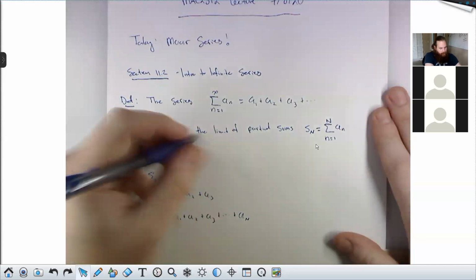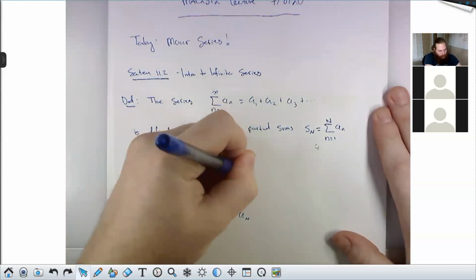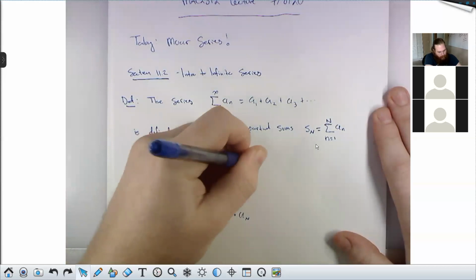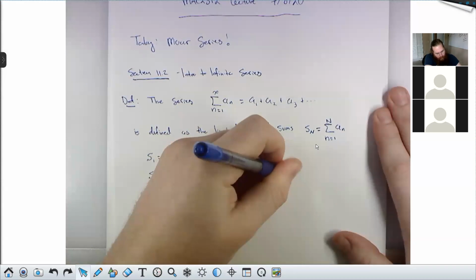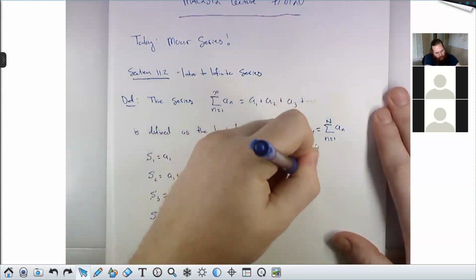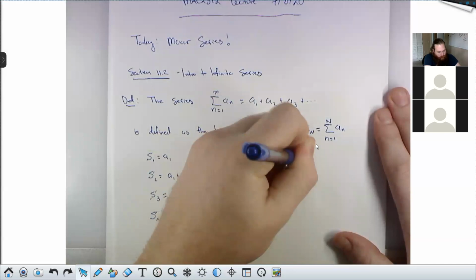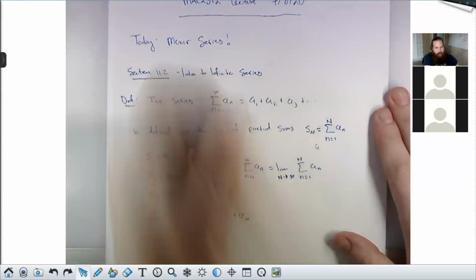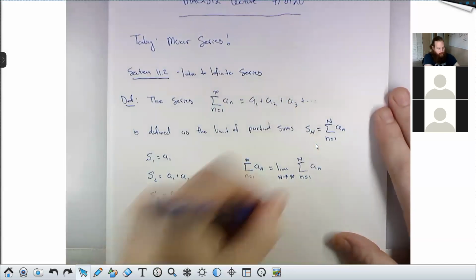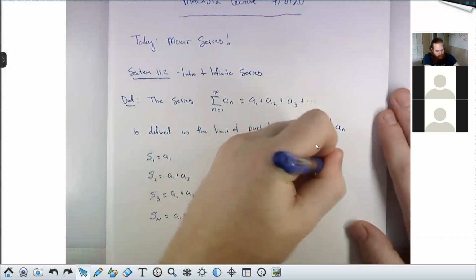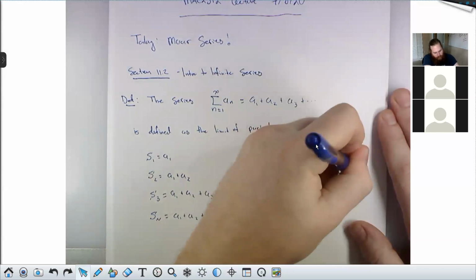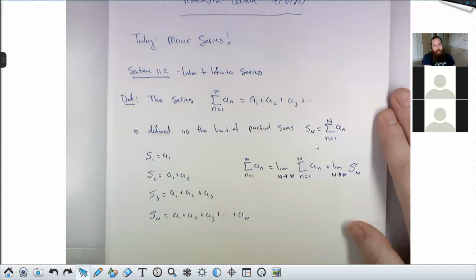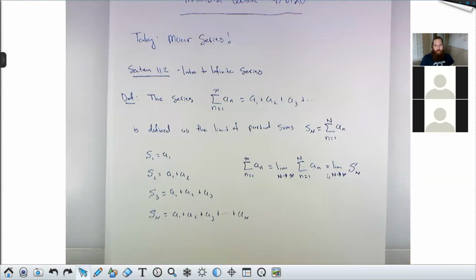So the full series, sigma n from 1 to infinity of a_n, is the limit as capital N goes to infinity of sigma n from 1 to capital N of a_n. Another way to write that is you can just say limit as N goes to infinity of S sub N, because this thing right here is S_N.